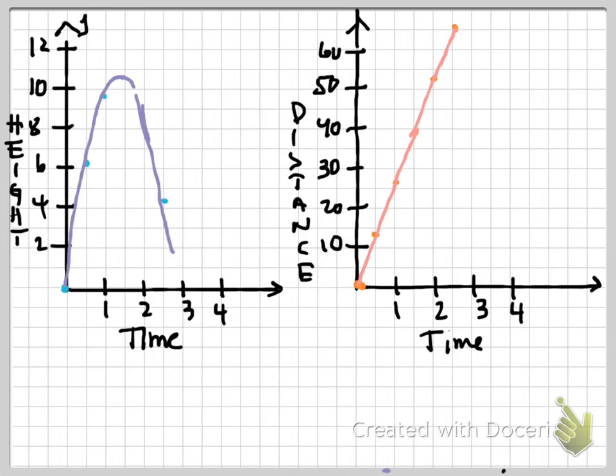So basically what I've just demonstrated to you is the difference between the types of functions that we have been looking at recently, which are linear functions, because we're able to draw the information and it looks like a line, versus nonlinear functions.